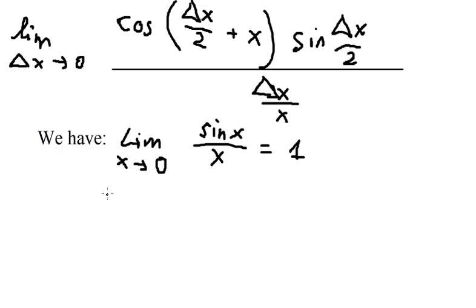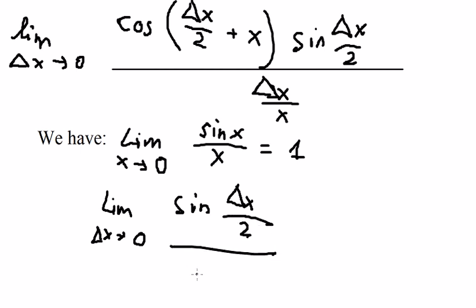So we got the limit when delta s approaches number 0, sine of delta s over 2 divided by delta s over 2 equals number 1.